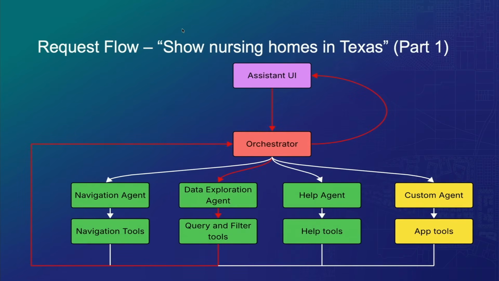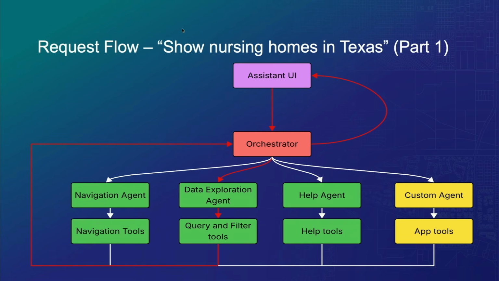So if we look at the request flow for one of the questions, which was show nursing homes in Texas. Again, it was the same. We have the UI where we ask this question. It goes to the orchestrator, and these are all the red lines. The orchestrator decides it needs to call the data exploration agent, and then within that agent, it calls a bunch of tools.